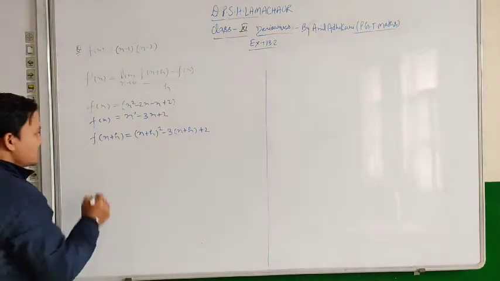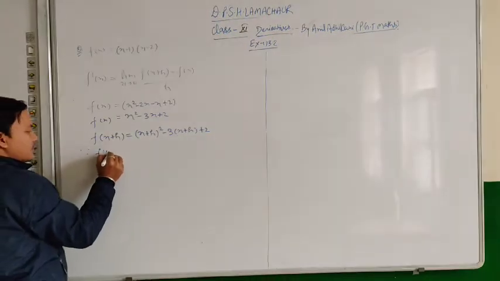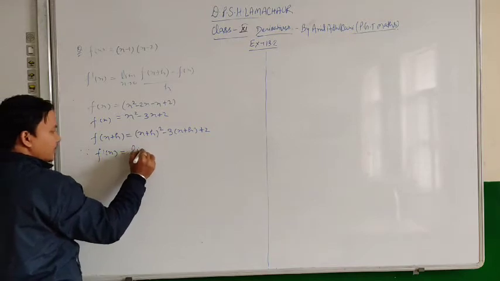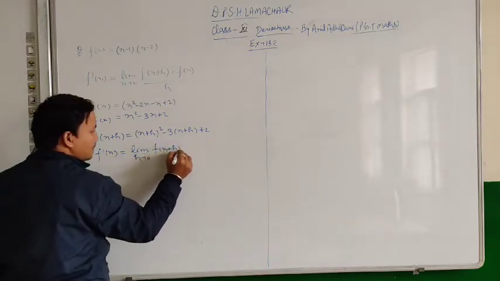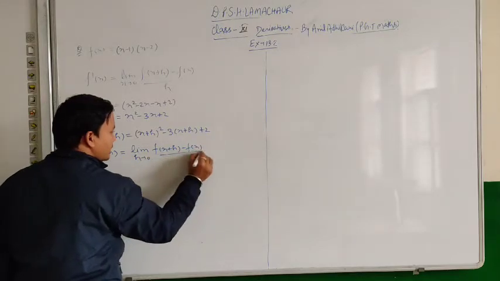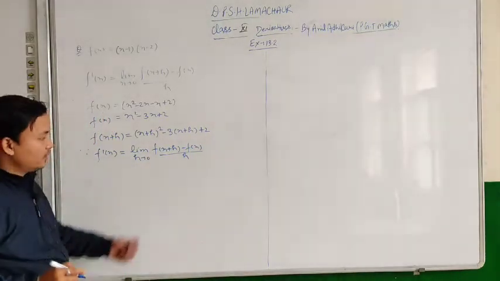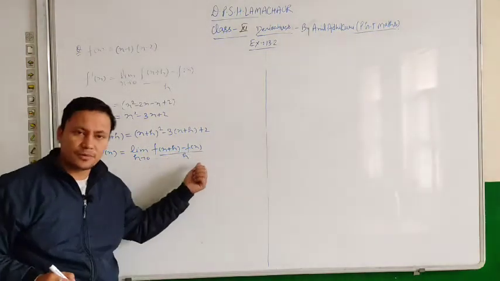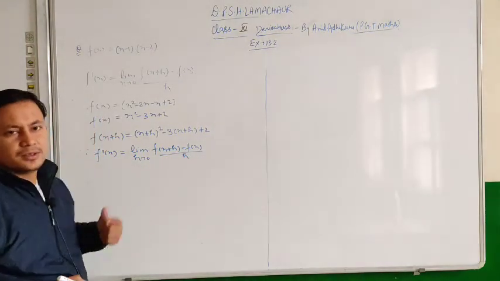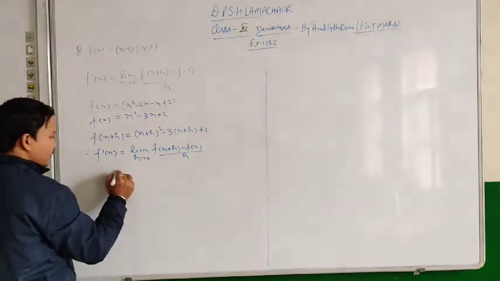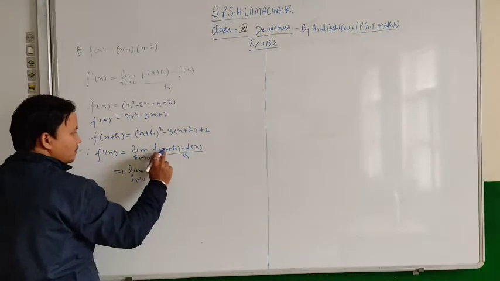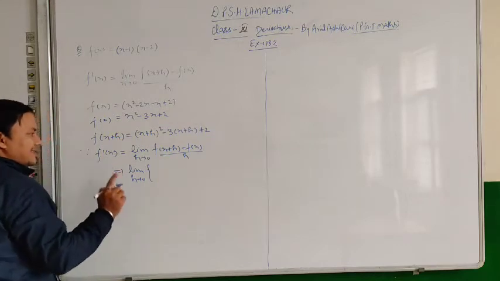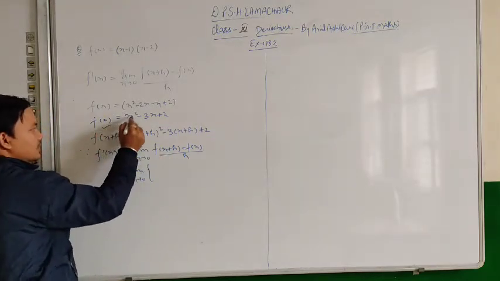Now since we know that the derivative of any function, that is f dash x, is equal to limit h tends to 0, f of x plus h minus f of x divided by h. Now substitute the values of f of x plus h and f of x over here. So limit h tends to 0, for the value of f of x plus h, replace x with x plus h in the given function.